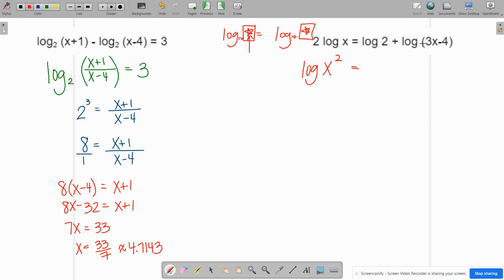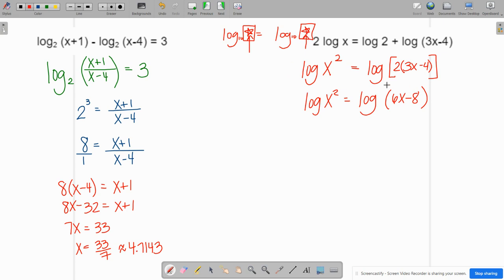Since you're adding 2 logarithms of the same base, this is the same as taking the logarithm of the product of 2 times 3x minus 4. So we have the log of x squared equals the log of, if I were to distribute the 2, the quantity 6x minus 8. So 6x minus 8 is what's in this box over here.